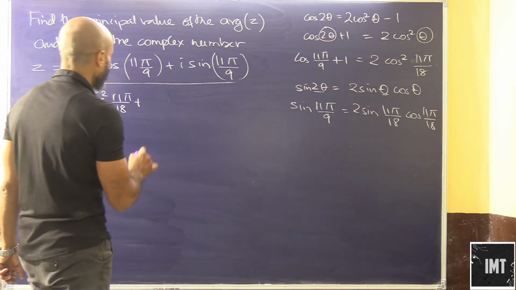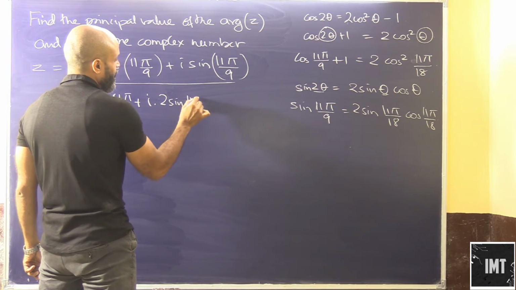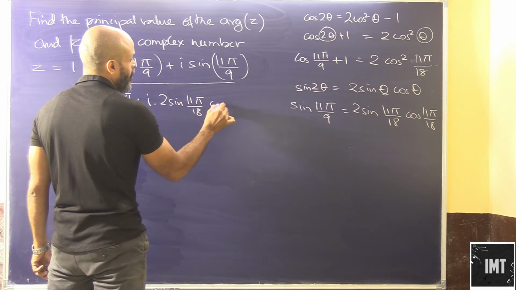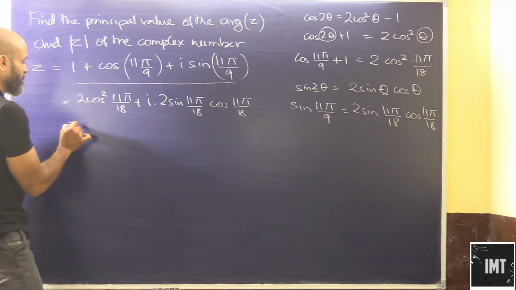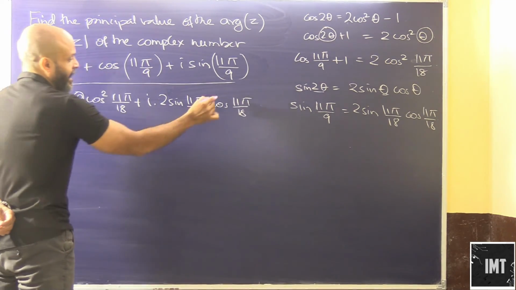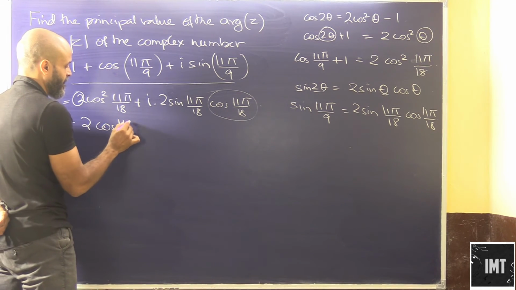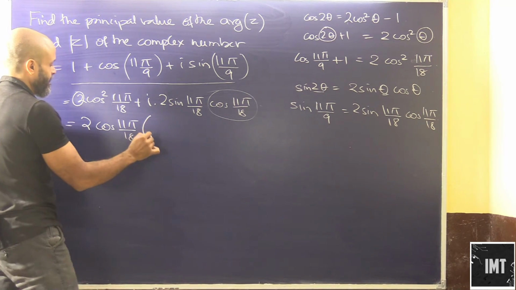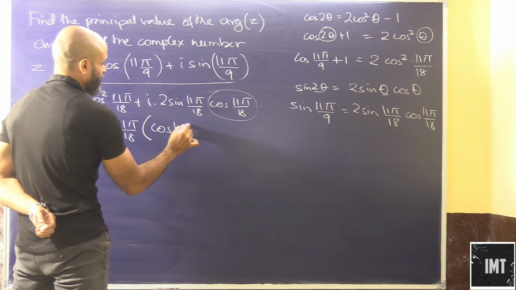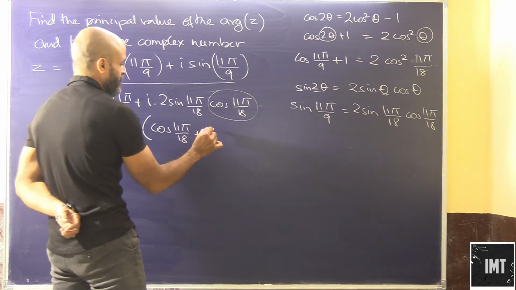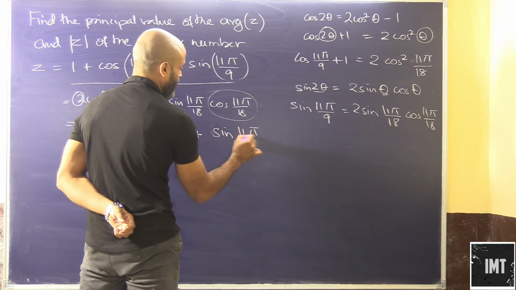So we have i into 2 sin 11 pi by 18 cos 11 pi by 18. If I take out 2 and cos 11 pi by 18 as common, this will be 2 cos 11 pi by 18 into cos 11 pi by 18 plus i sin 11 pi by 18.